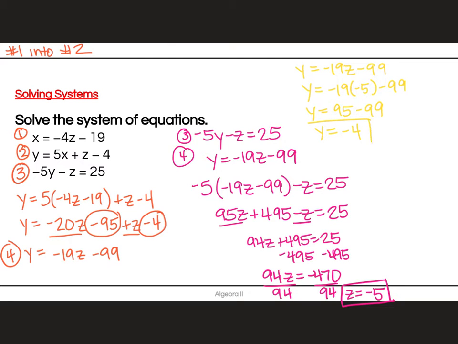Now I have y, I have z, and now I need x.